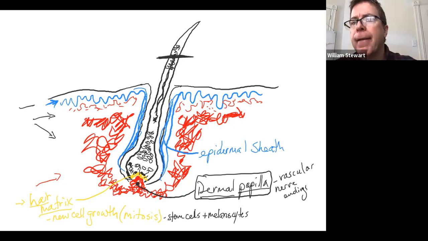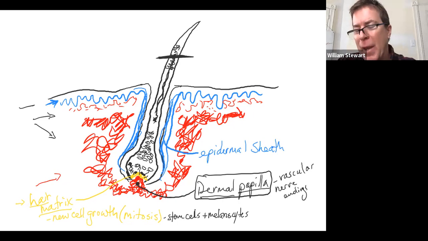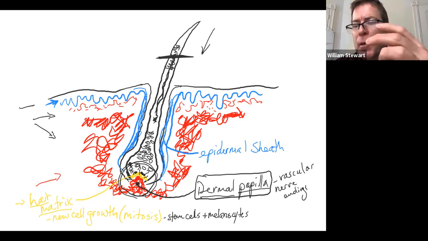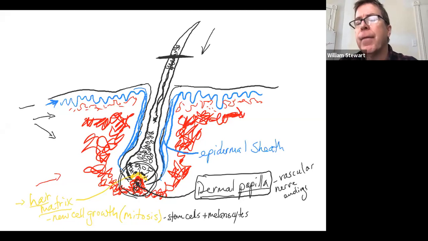We feel nothing. But you know that if somebody pulls your hair, it's painful. And that's because when you yank on a hair, it's pulling it from this area down here. And there are nerve endings and blood vessels in that area that help supply nutrition. There are pain receptors as well, which are those nerve endings right here that cause pain when it gets stimulated.